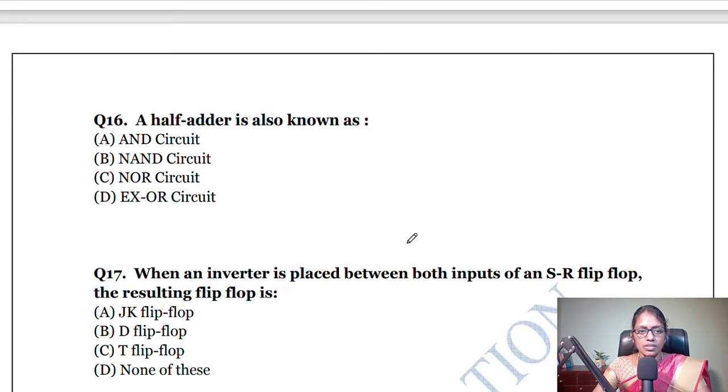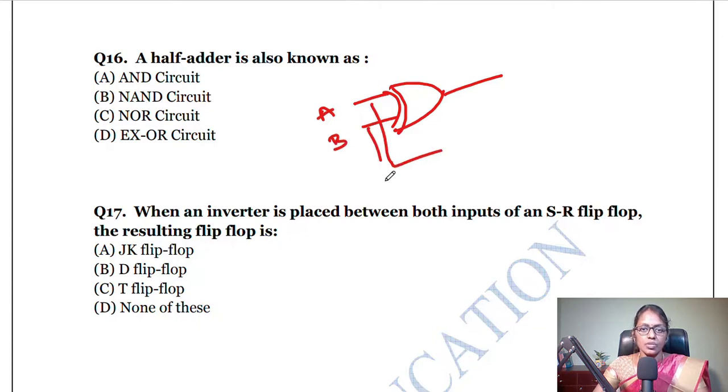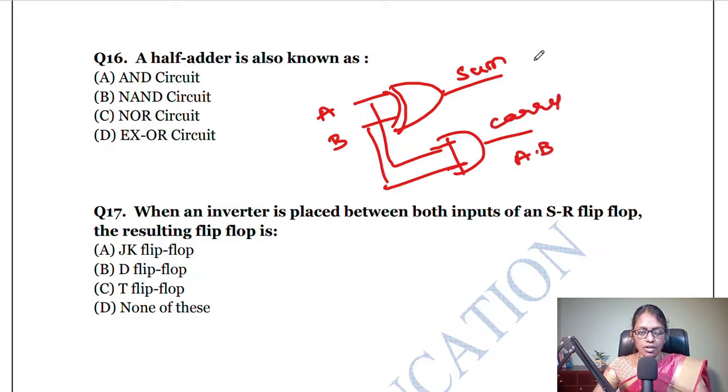And the next question is, a half adder is also known as. So what is a half adder? It is a circuit used to add 2 binary bits. You will get a sum and a carry, right? To identify the sum, I am just using A exclusive OR B. So here you are getting the sum, and if you do AND, A dot B, you are getting the carry value.